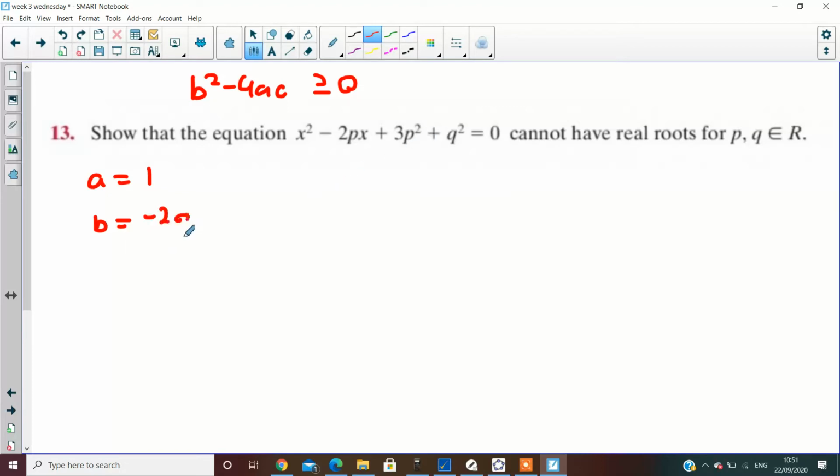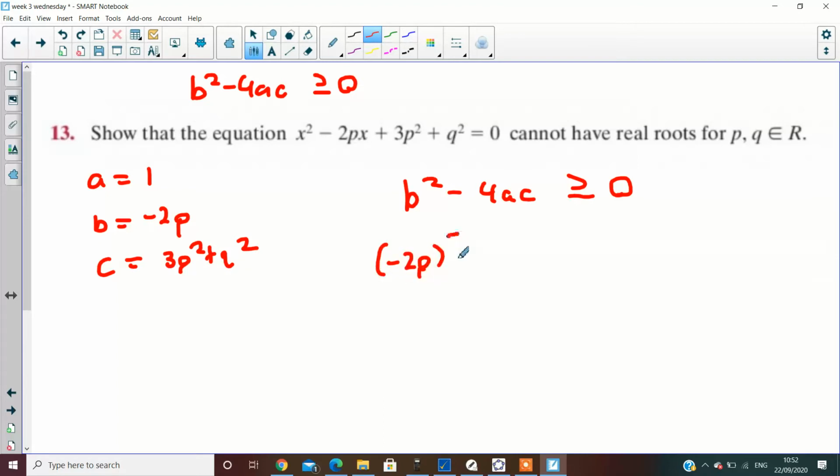Minus 2p. Your C value? Okay. B squared minus 4ac has to be bigger than or equal to 0. Okay, let's find out. Minus 2p squared minus 4 times 1 times 3p squared plus q squared greater than or equal to 0. Okay? Now what?